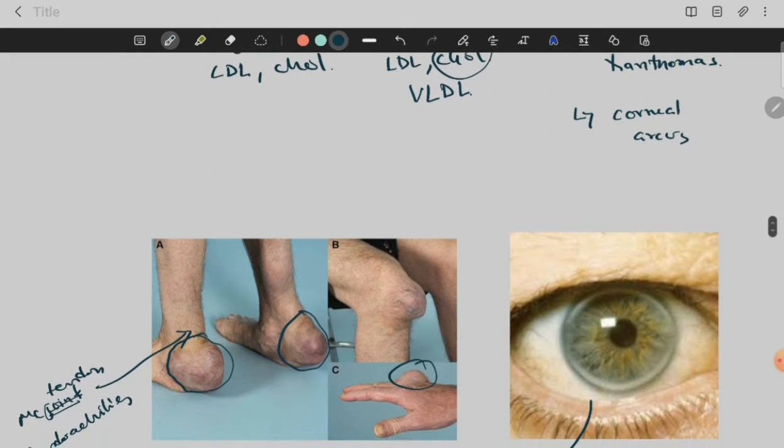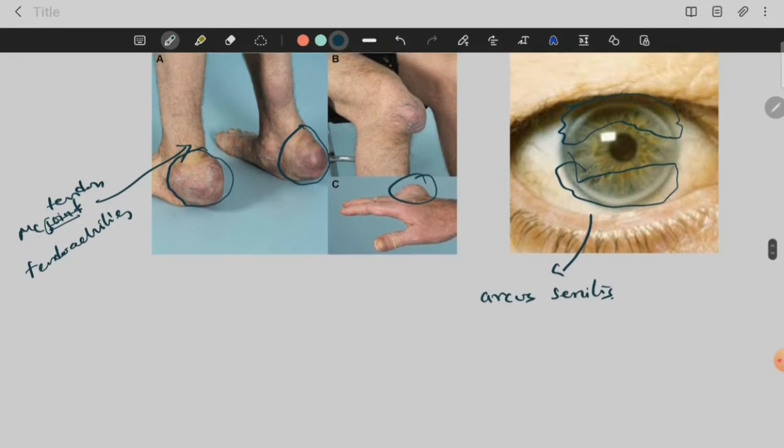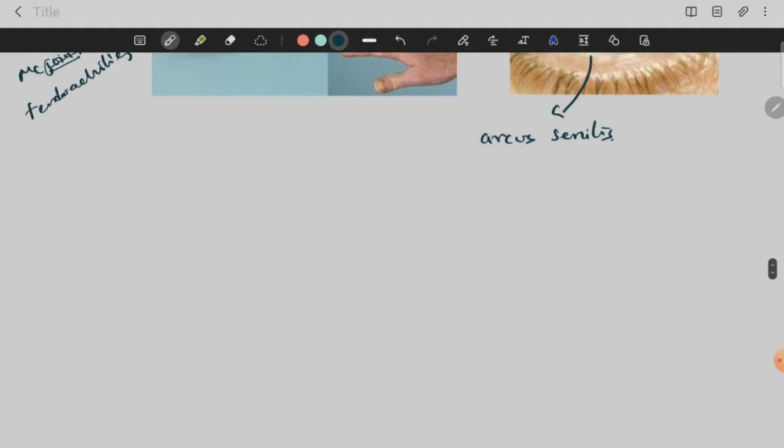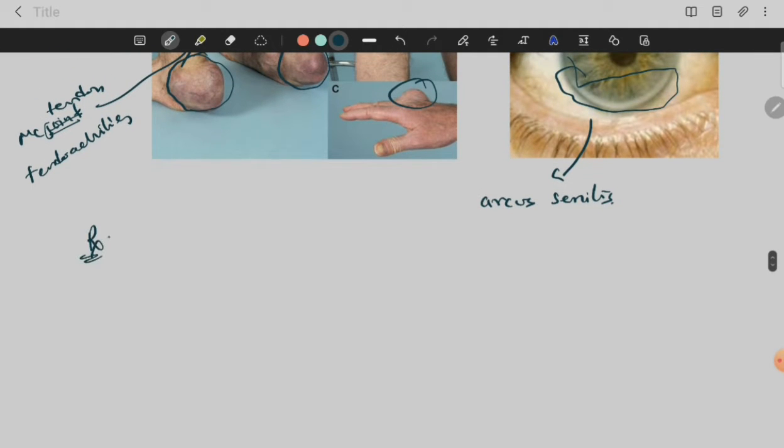As you can see there, this is the corneal arcus. This is all about type 2. Here the treatment will be with mipomersen or lomitapide. You can try to remember this, not so important, but it may come in high institute exams.